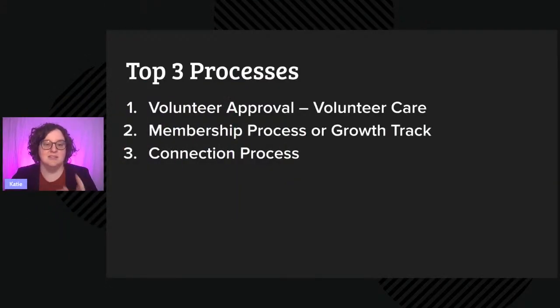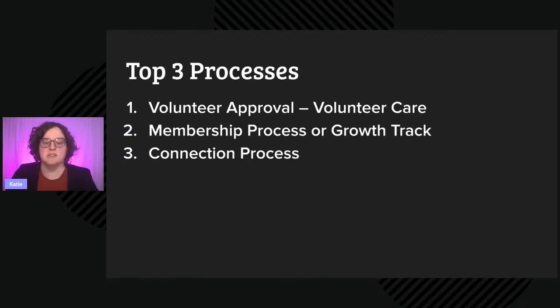Right now, I'm going to talk about what are the top 3 processes that you should have in your church. Specific process queues, that's what we're talking about here. You'll have other processes, but the top 3 process queues to have for your church: volunteer approval that feeds into a volunteer care process where you are following up with people every couple months with a note or something like that.